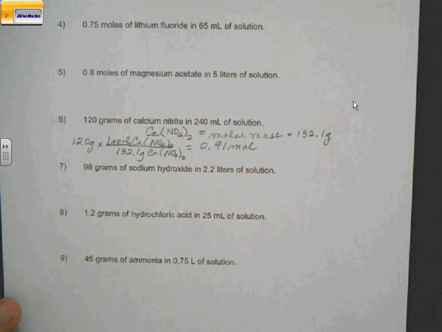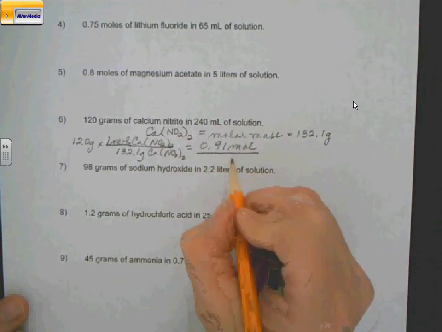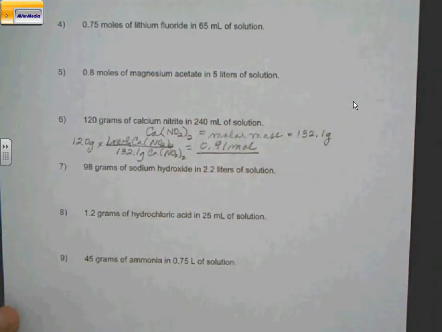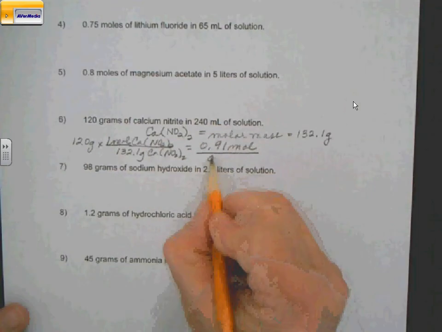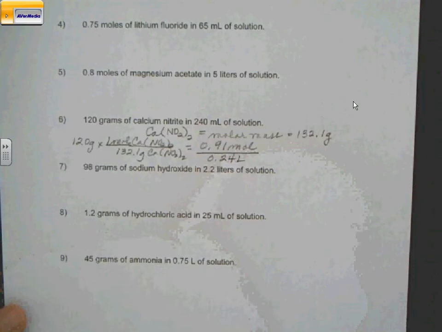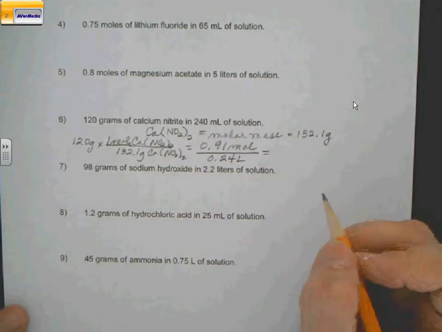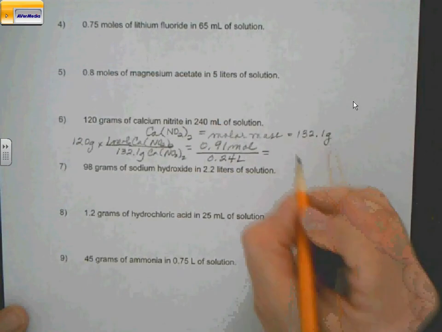But we don't have a liter of solution, do we? We have 240 milliliters. So how many liters is that? Yeah, 0.24 liters. And then it's simple division again. I ended up getting 3.8 moles per liter.